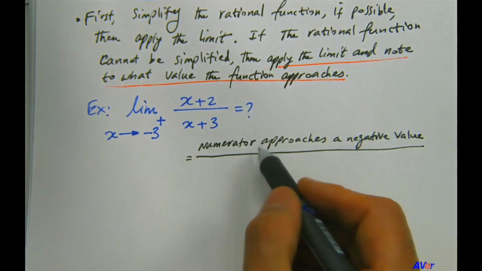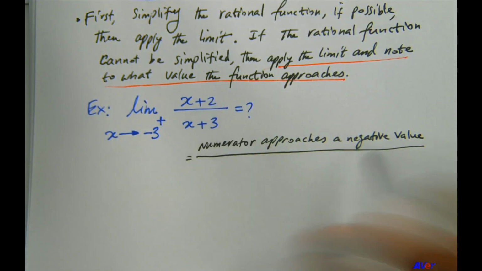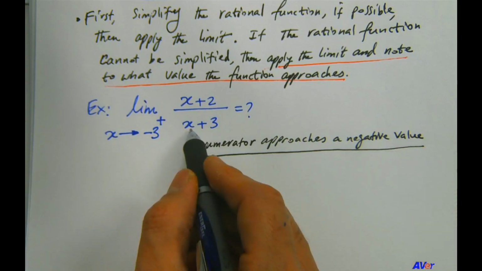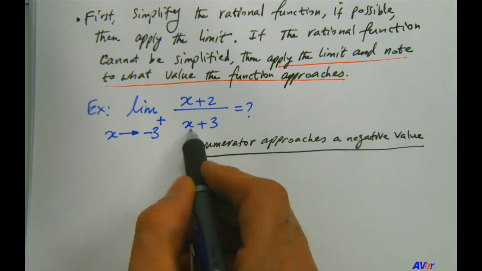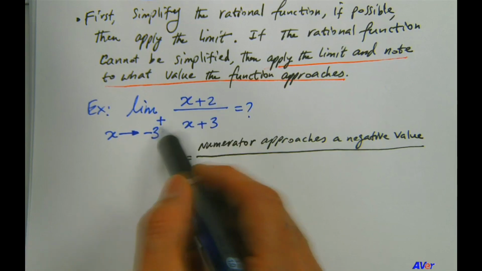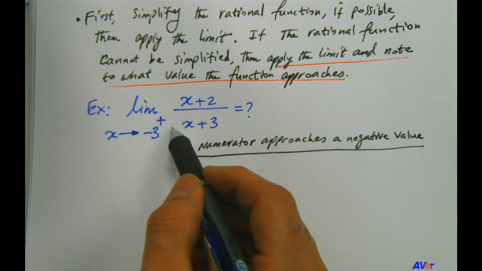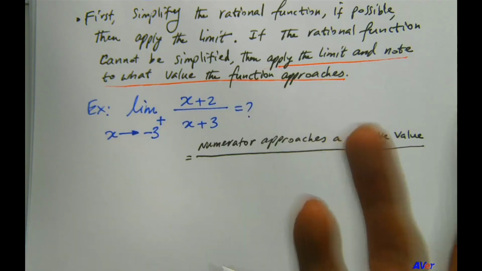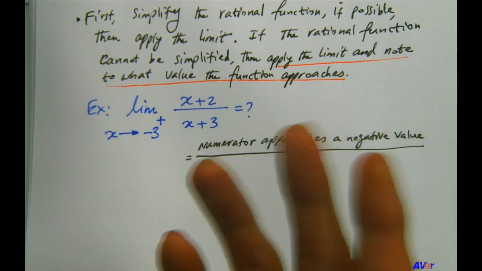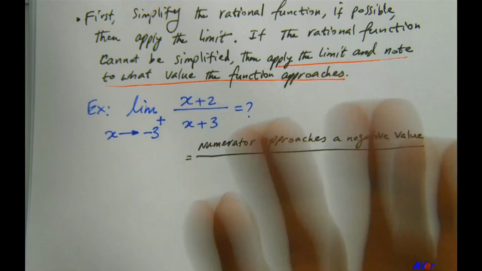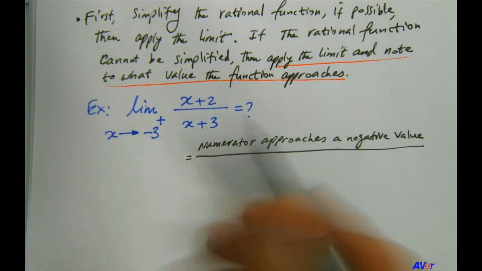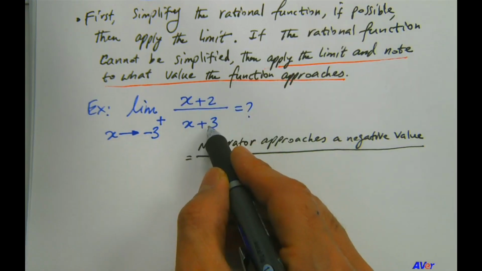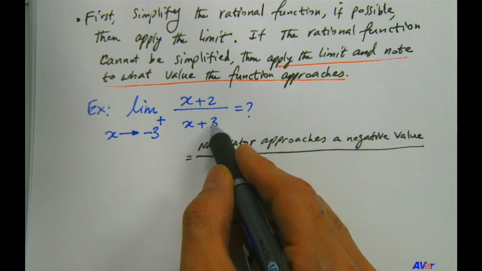In this case, the numerator approaches a negative value. Now the denominator: if you plug in values approaching -3 from the right, like -2.99, -2.995, -2.99995, such and such, this value increasingly approaches 0.